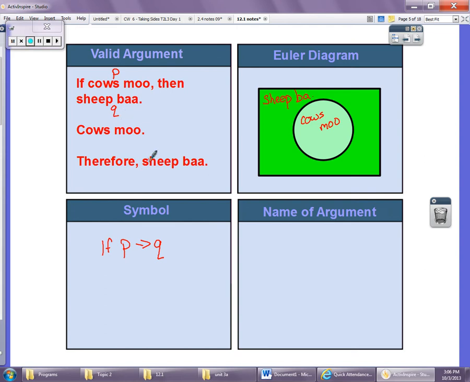So that's how we get if P, then Q. Well, it's saying that cows moo. So this is our cow that goes moo. Okay? So it's saying we have P. Therefore, if this cow moos, then this sheep has to go baa.